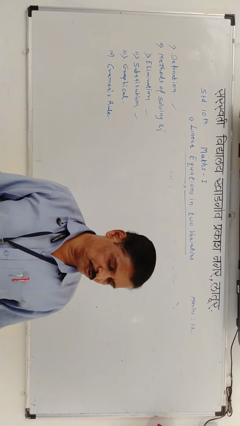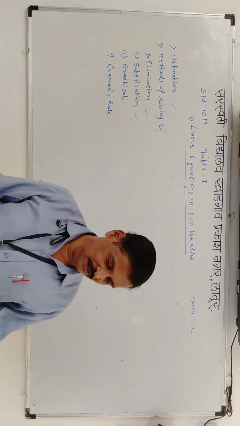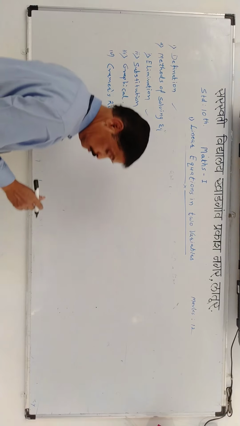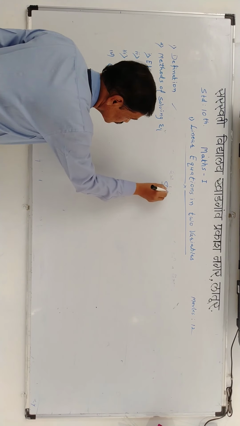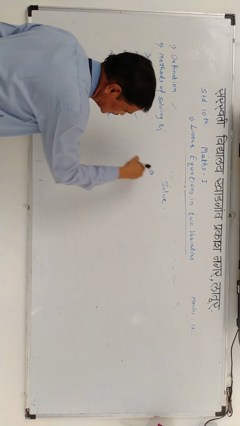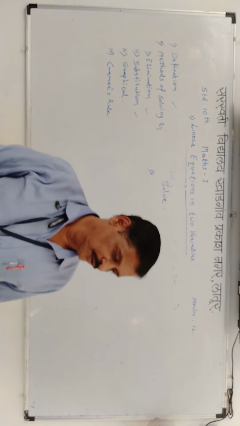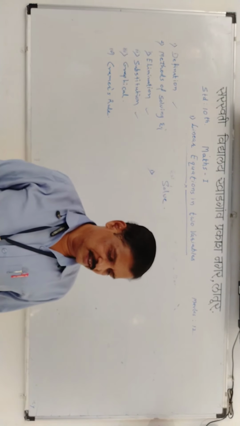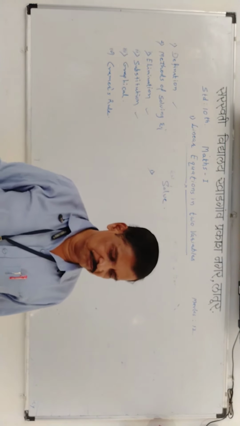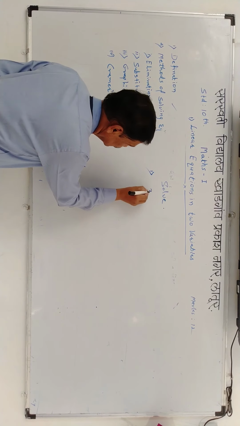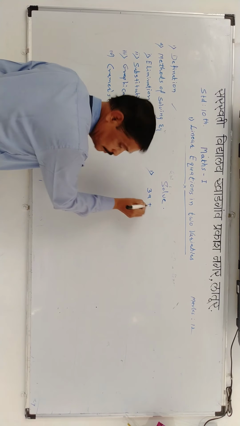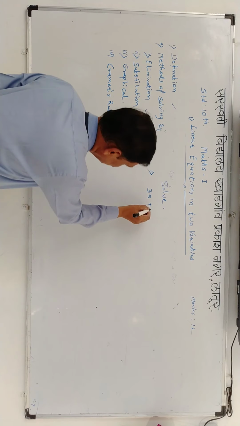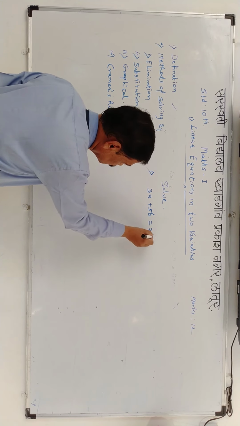First equation, solve the following simultaneous equations. The first equation is 3a plus 5b is equal to 26.